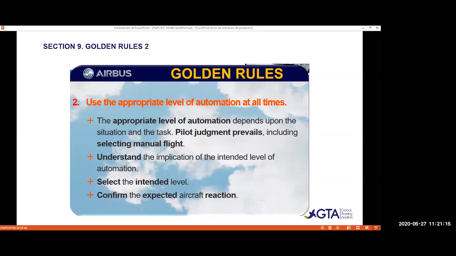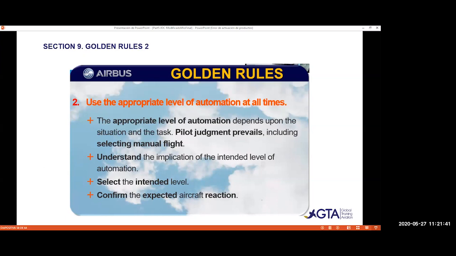The second one: use the appropriate level of automation at all times. Don't be worried to use automation, but the proper one. Do you remember that when we were on alternate law, it was said that it's better to use manual thrust?